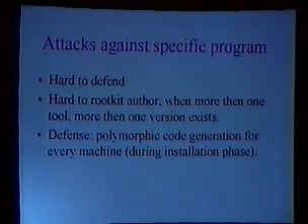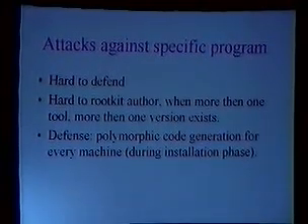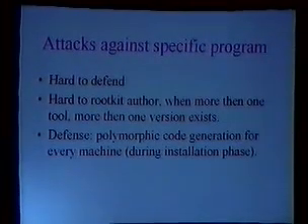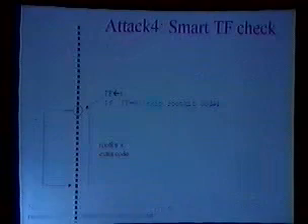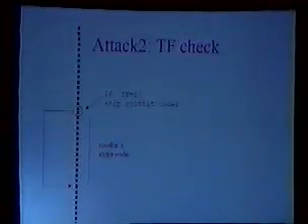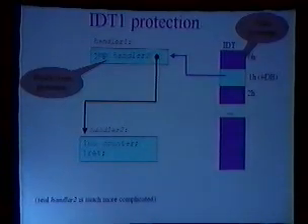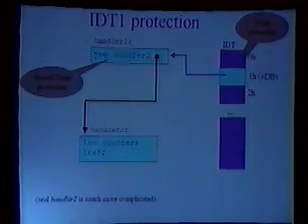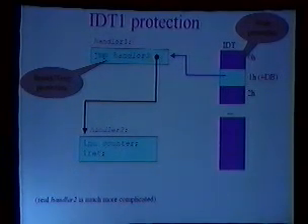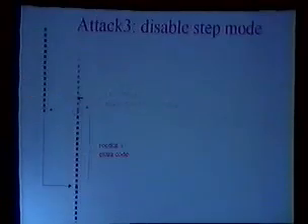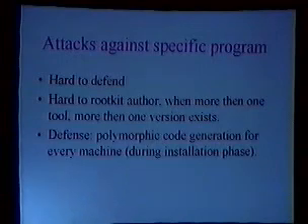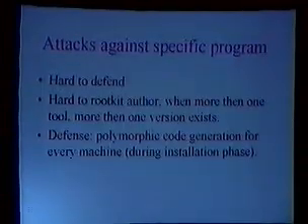Because the attacker will have the file and will be able to find it by pattern searching. Yes, if the attacker knows the binary, the attacker will know everything about it. So it is not possible to defend against such an attack against a specific binary.